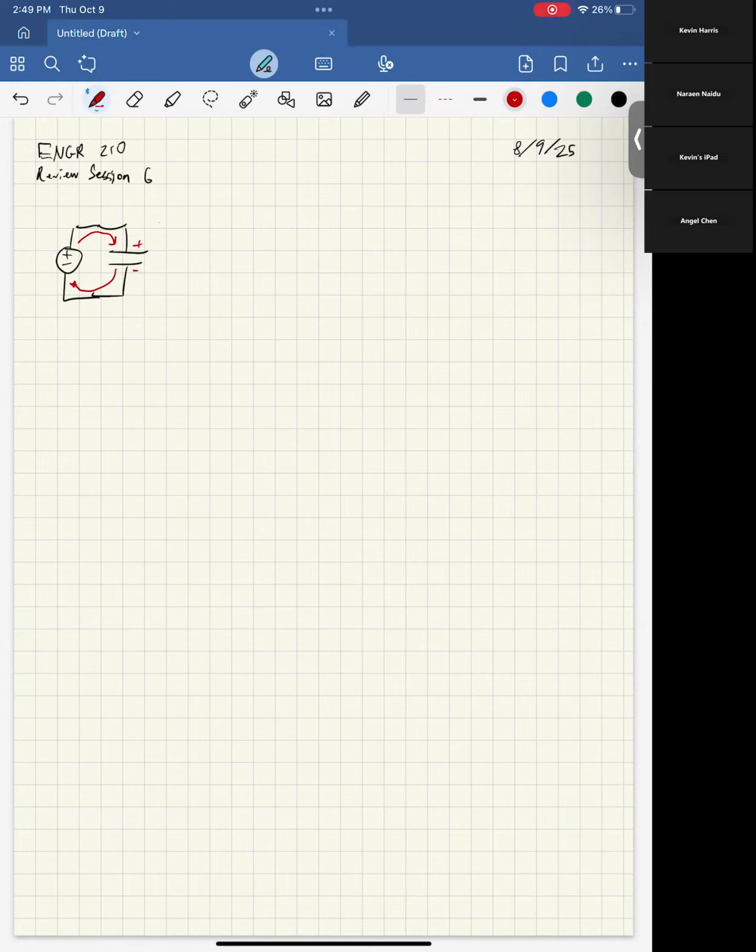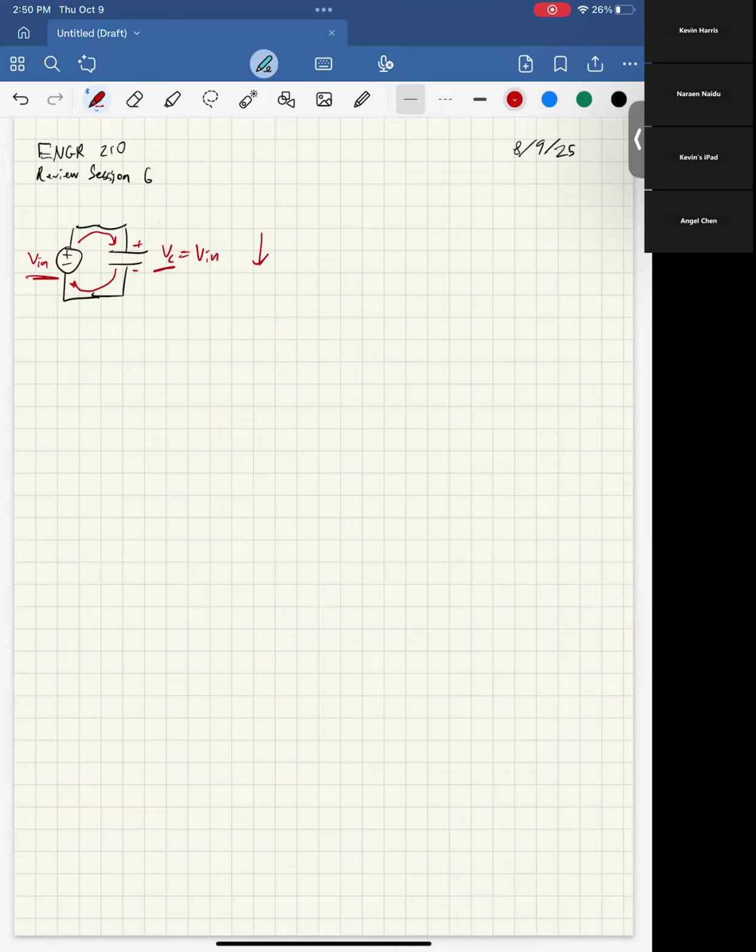Basically this plate will charge up until the voltage across the capacitor is equal to the voltage of the input. So you have enough charges accumulated up here and depleted down here that the voltage is the same for V in as it is for VC. And then current will stop flowing.